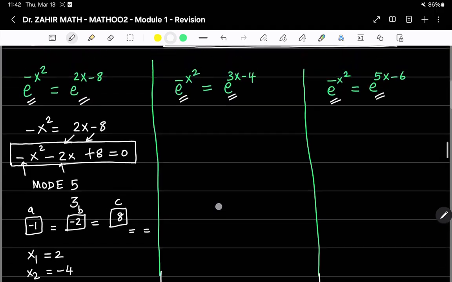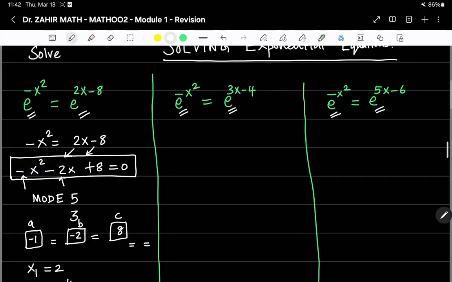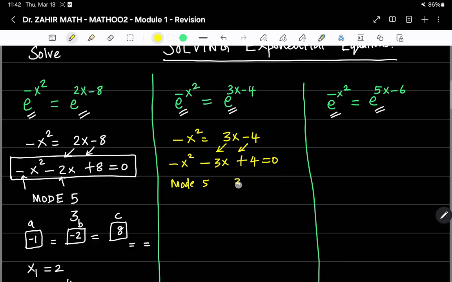Next I'm going for the next question. Minus x square equals 3x minus 4. So minus x square minus 3x plus 4 equal to 0. Go to the calculator, mode 5 and then 3. The calculator will ask A, then B, then C. What is A?